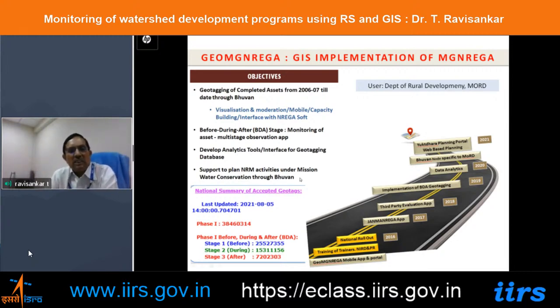In that process, we have created the planning portal called Yuktadhara. So this is the roadmap that you can see, and the Yuktadhara planning portal is in the final stages of development, and DORD has to release it so that the development of the NRM activities can be planned for 250,000 panchayats in this country.